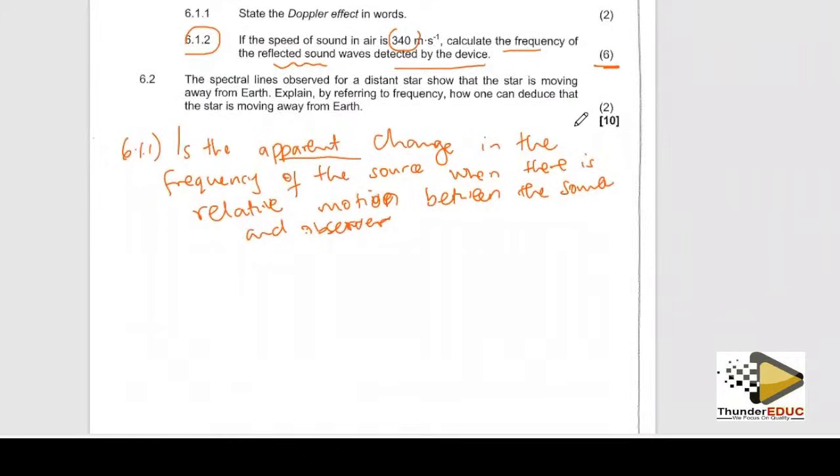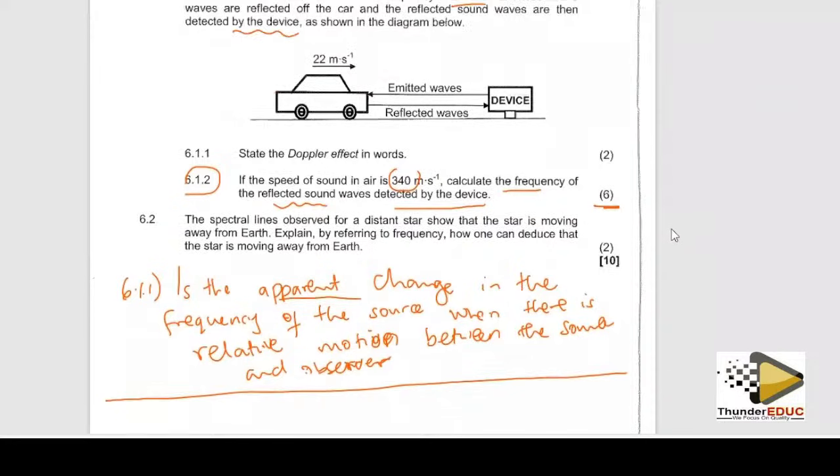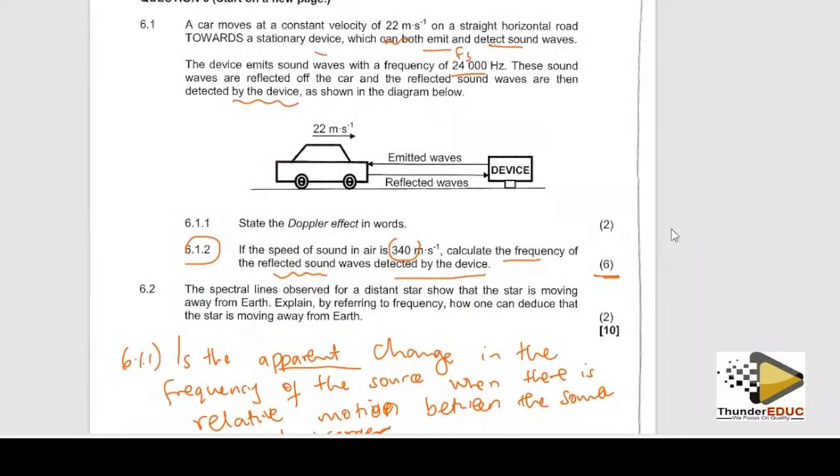Let's see if we can break it down. From the formula, you know that the frequency of the listener is V plus or minus the velocity of the listener over V plus or minus the velocity of the source, times the frequency of the source.